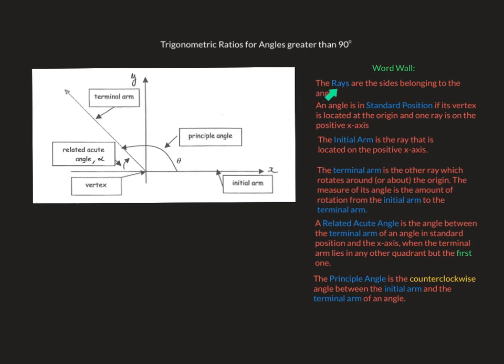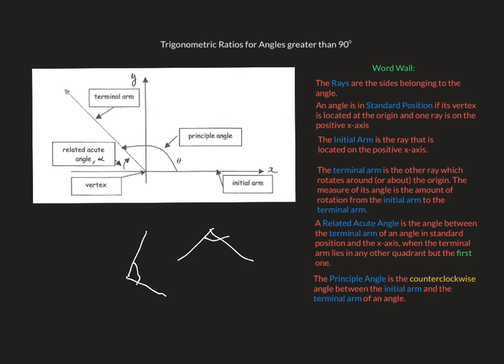What is a ray? Well, a ray is basically any side that belongs to the angle. So when I say any sides that belong to an angle, you see this angle here, what are the two sides that make this angle? Because every angle can only be made between two things.